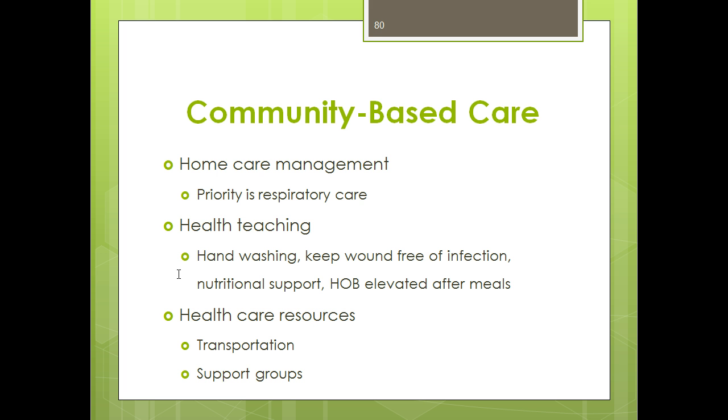Health teaching includes hand washing and keeping the wound free of infection. You're going to provide them nutritional support. You want to elevate the head of the bed after meals. Sometimes they have healthcare resources like transportation, support groups, etc., to assist them with whatever they're going through.